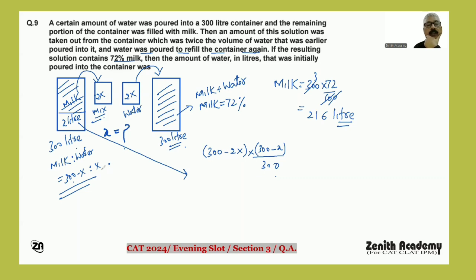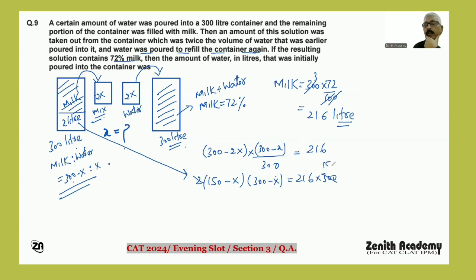Ratio 300 minus x is to x. So the quantity of milk will be 300 minus x upon 300. Right? And further you added water, so the milk quantity will remain constant. And finally it is given milk is 216 liters. So the question is done. Taking 2 common, 150 minus x times 2, and this is 300 minus x equals 216 into 300.